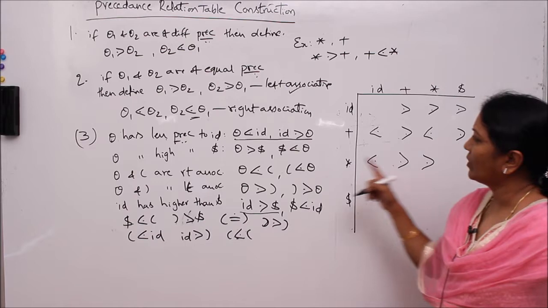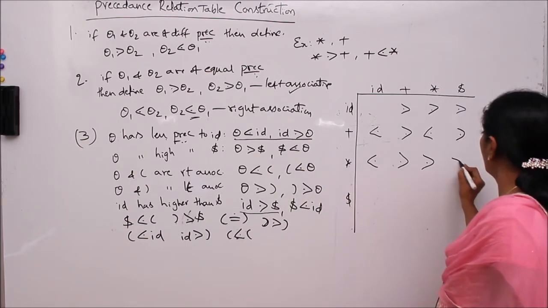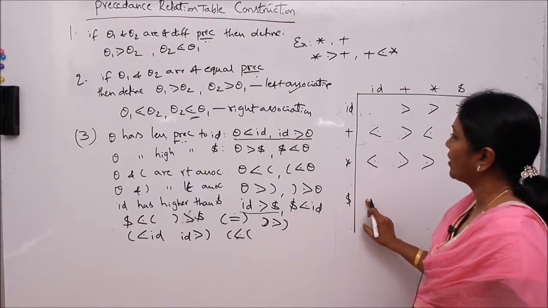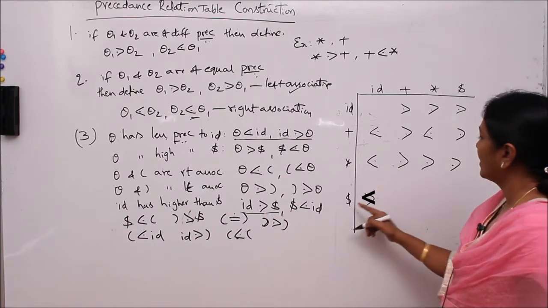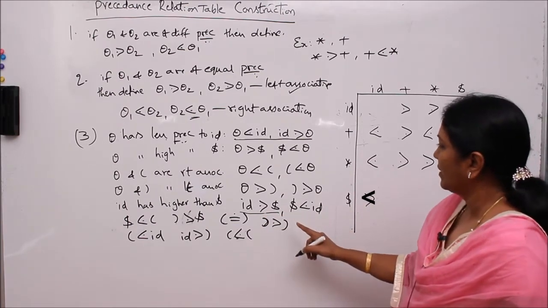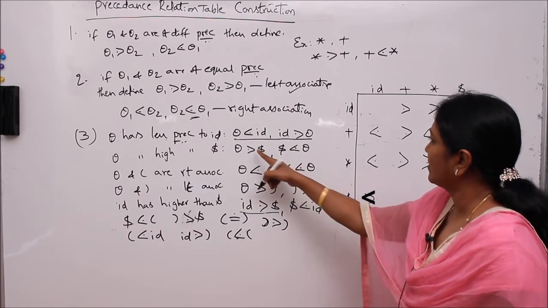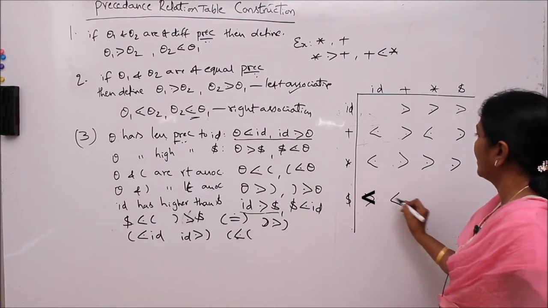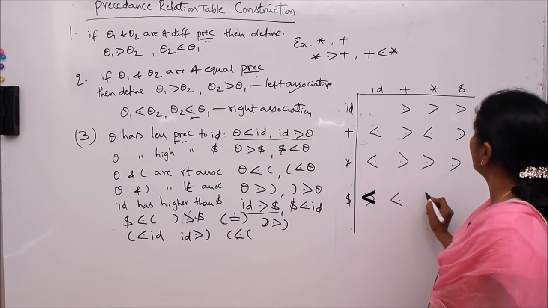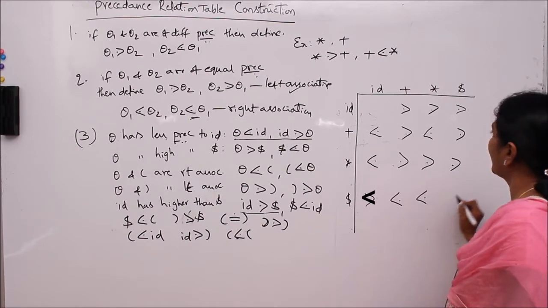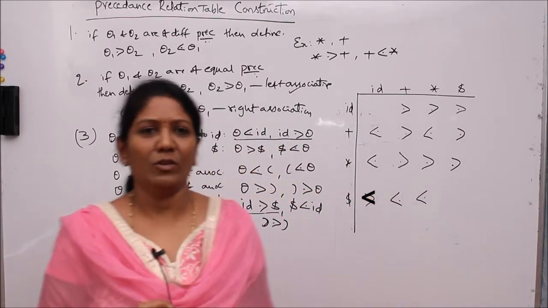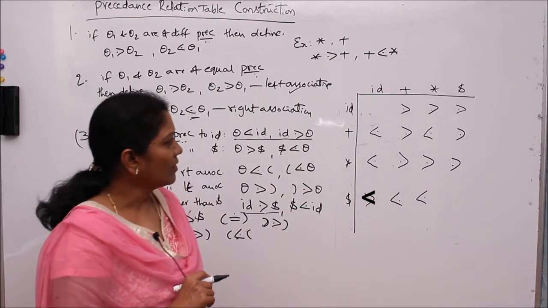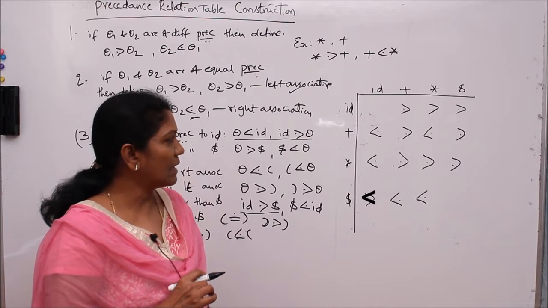Theta and dollar is what? Theta and dollar is also greater. Coming to dollar and ID, dollar and ID is less, dollar and theta is less, and dollar and dollar is successful completion, hence no relation. So this is how we can get the same table.